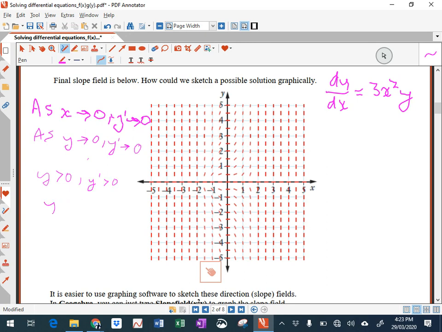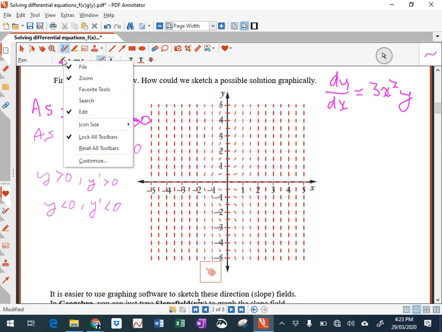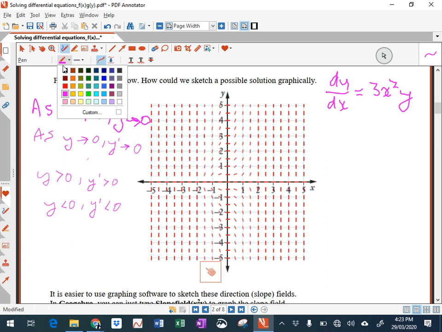And if y is less than 0, I can say that y dash will be less than 0, won't it? Let me just change the color here.